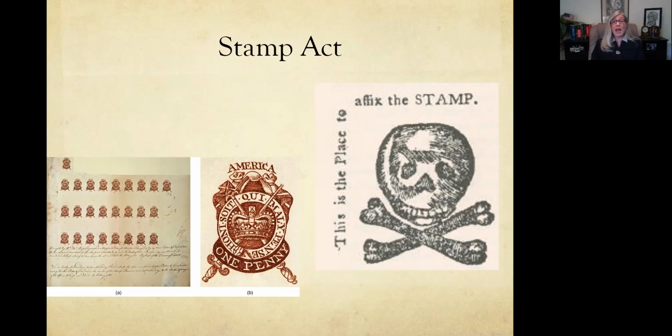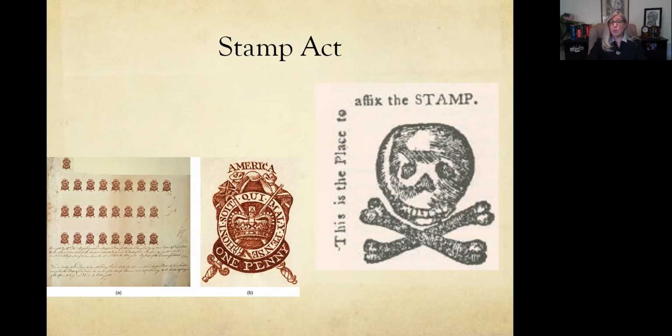So in the newspapers, they kind of mock the Stamp Act, and they put this cartoon. This is the place to affix the stamp. So in the newspaper, here's the front page. Up here in the corner where it was supposed to have this special paper stamp on it, they've drawn a skull and crossbones instead. So again, if we're thinking about HAP, historical situation, intended audience, purpose, and point of view, the historical situation here is the growing conflict between the colonies and the British government.